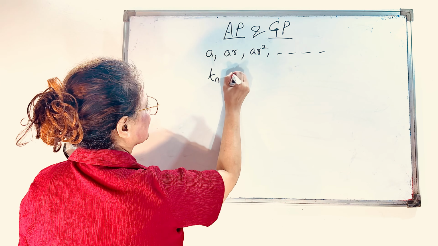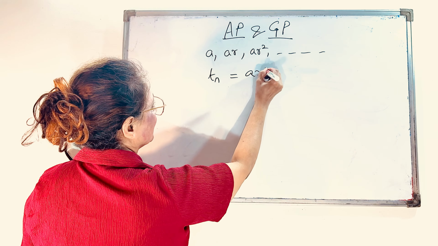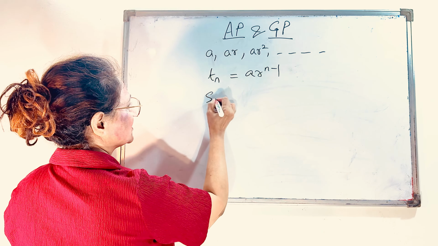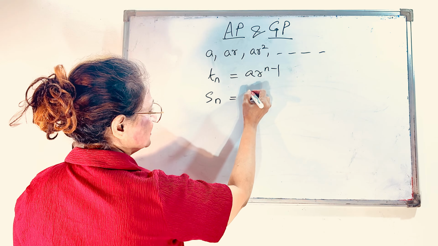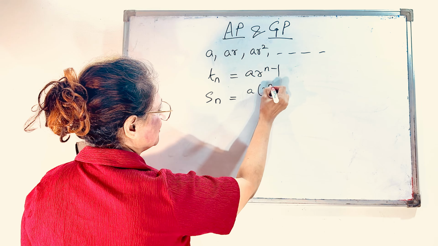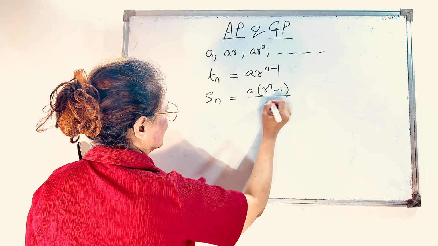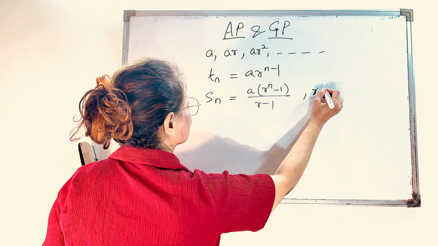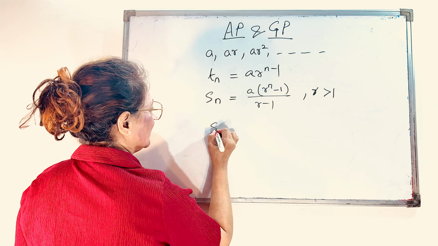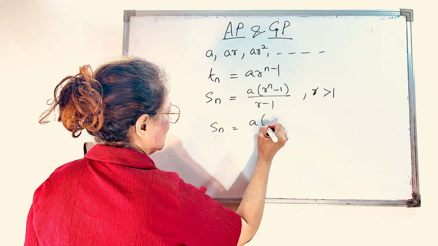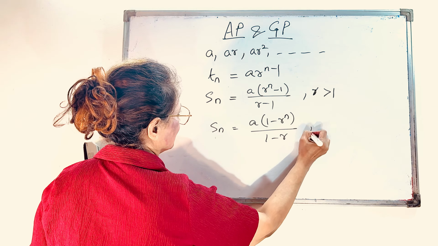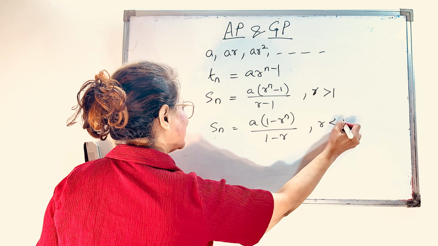Nth term is AR^(n-1). And the sum of n terms is A(R^n - 1)/(R - 1). This is when R is greater than 1. Sn would be A(1 - R^n)/(1 - R) when R is less than 1.